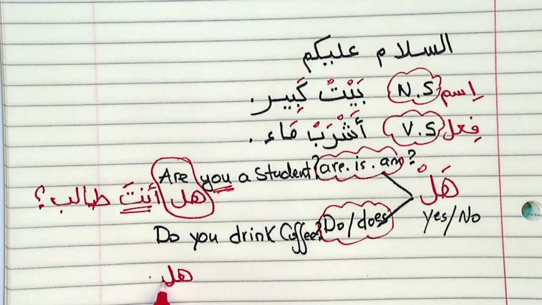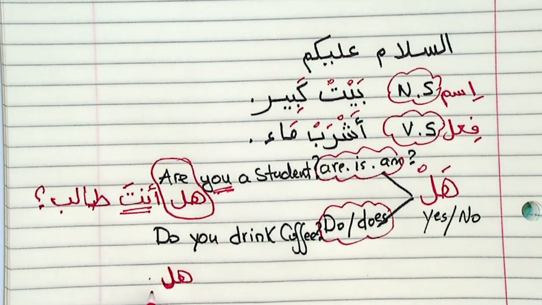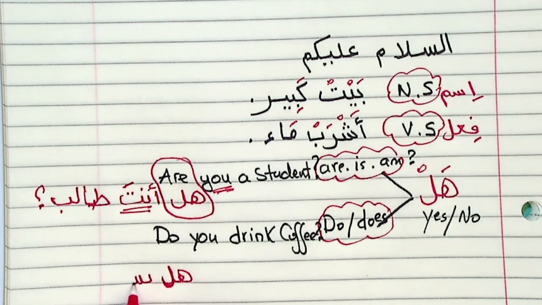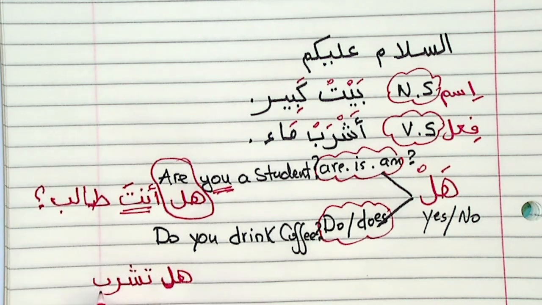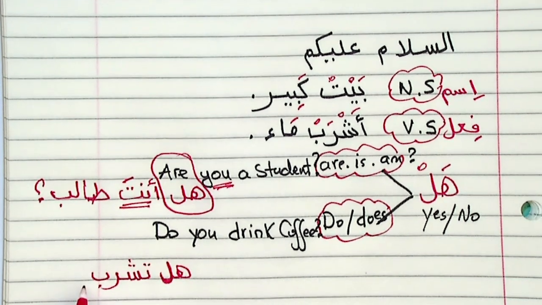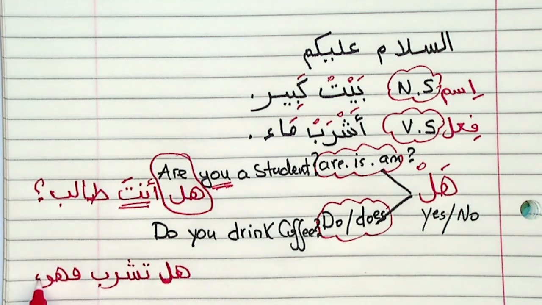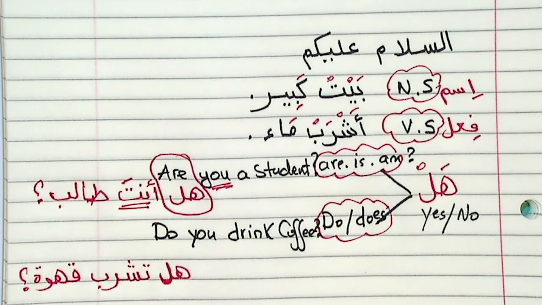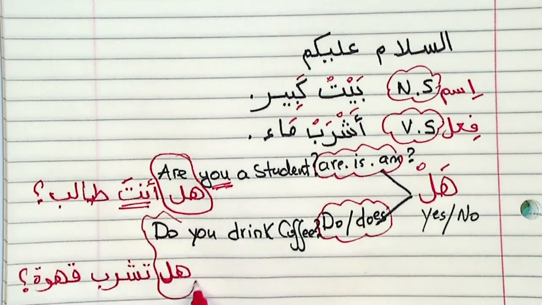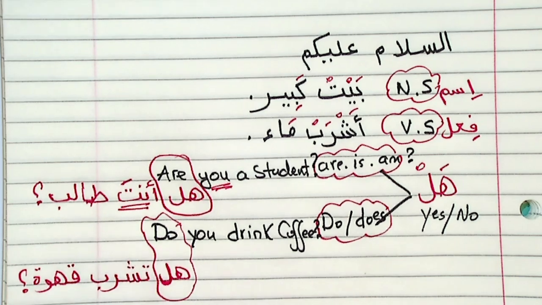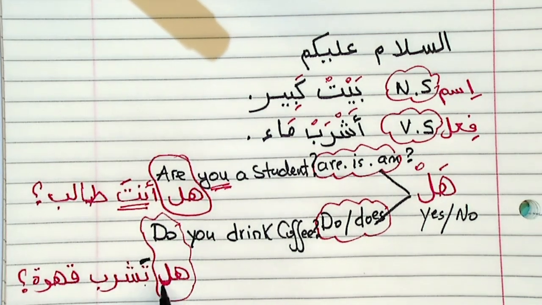Right here, هل تشرب, and I bring the lam a little bit down. هل تشرب قهوة؟ So what we have here is هل, which is do, and then the indication of ta, anta, is just the ta.